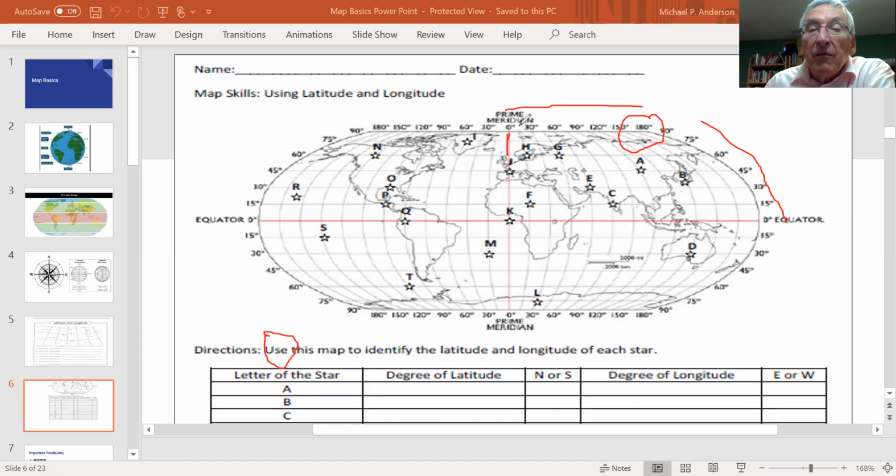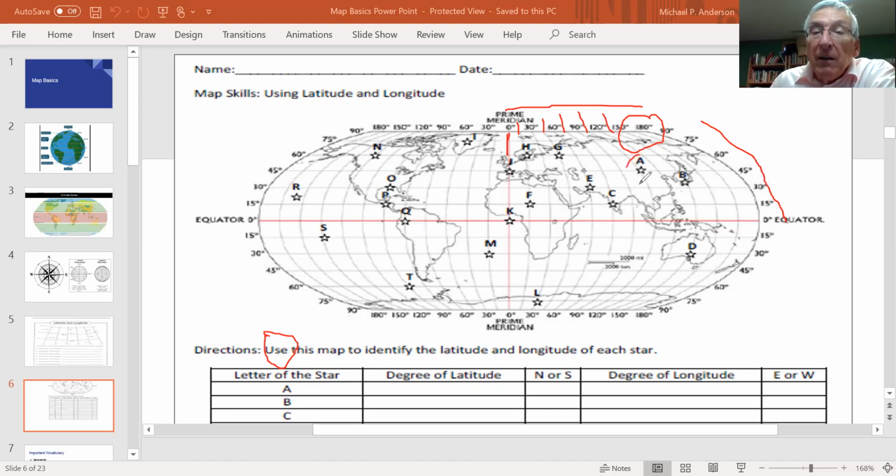Here is 15 degrees. It's not labeled, but here's 30. Here's 45 degrees, not labeled, but here's 60. Add 15 more degrees. Here's 75. Here's 90. Here's 105. Here's 120. It's labeled. The next one is not labeled. It's 135. So you kind of get the drift, okay, how that works.